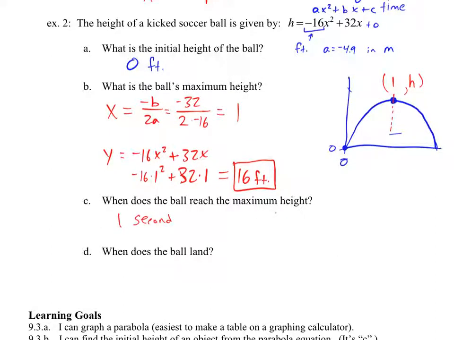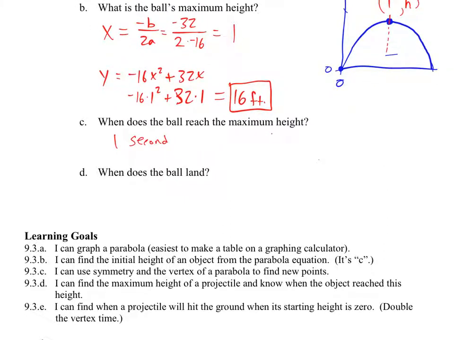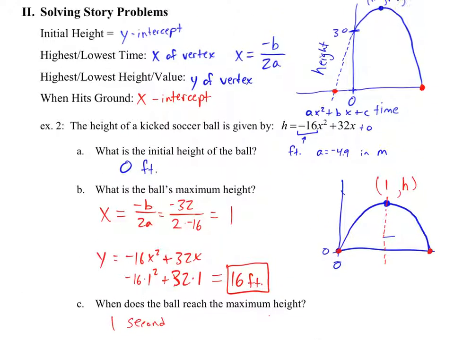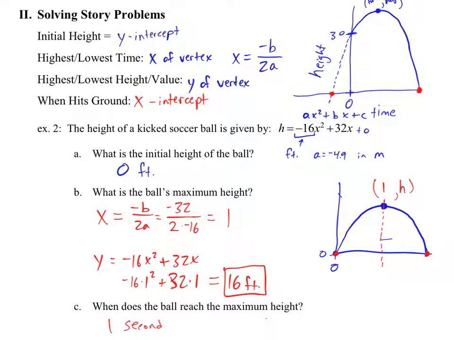When does the ball land? When it hits the ground. Why can you say 2 seconds? Because it's 1 second to get to the maximum and then 1 more to get down. Yep. Now that won't work for a problem like this.